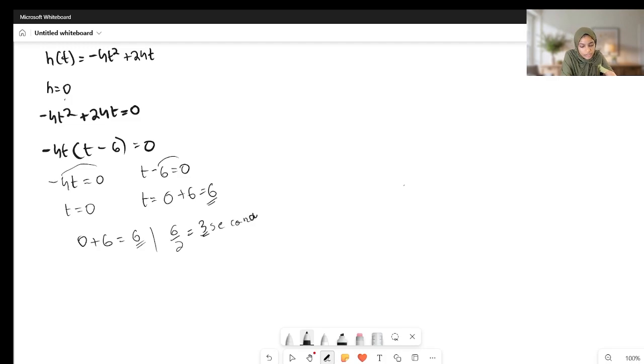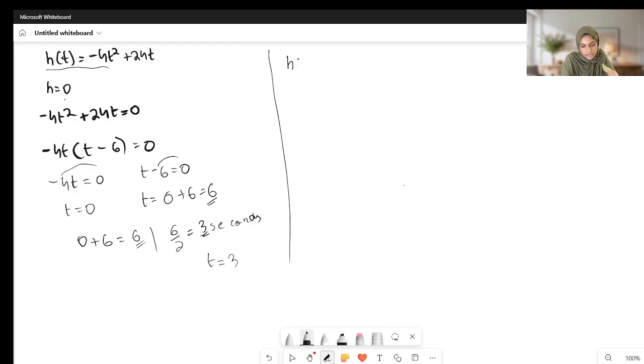Now the next thing we need to find is its maximum height. Like when we kick the ball, what is its maximum height? To find that, we found that t is equal to 3, so we can substitute this 3 into this equation right here.